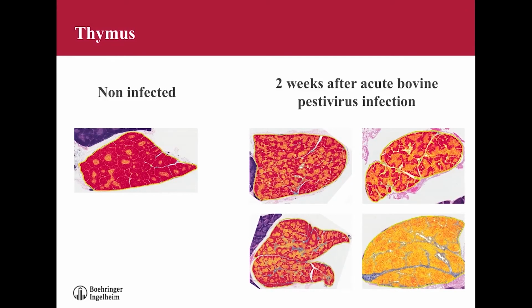The next slide shows you not only that the thymus is smaller, but that the makeup of the thymus that is left is different. On top, this is a program that shows you how many cells are there. The darker red means more immune cells are present. More yellow means more just connective tissue left, the cells are gone.